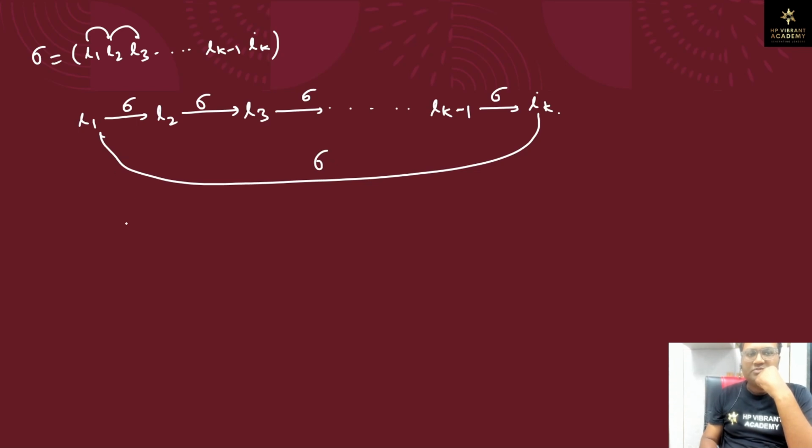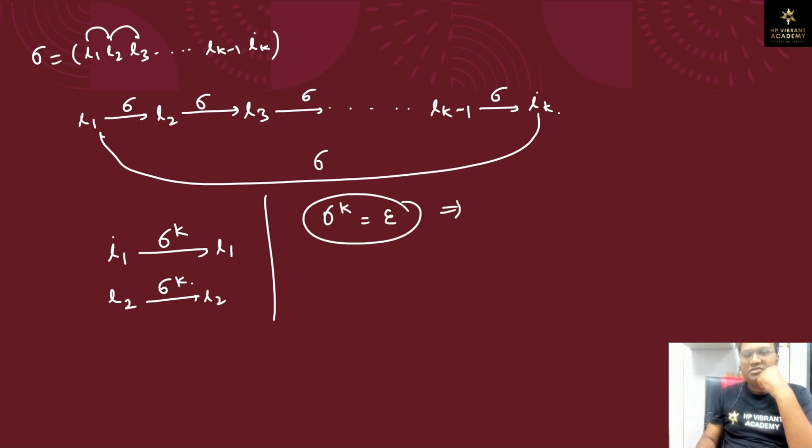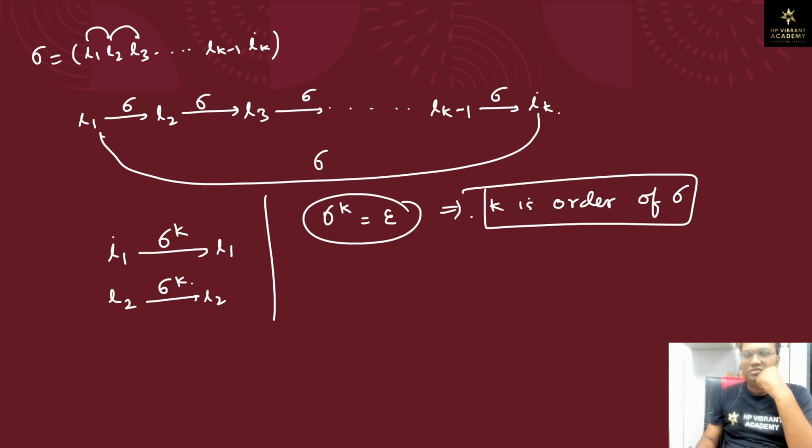So this means that on applying sigma to the power k on I1, it goes to I1. On applying sigma to the power k on I2, it goes to I2. So this means sigma to the power k is equal to identity.